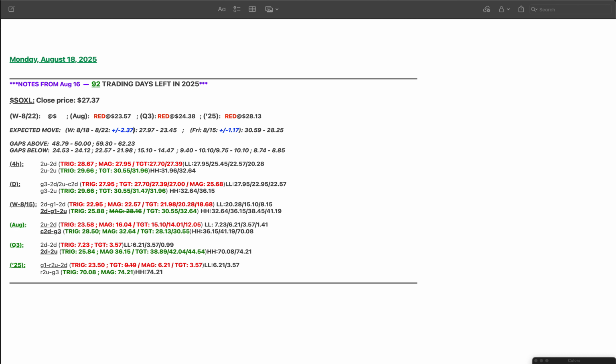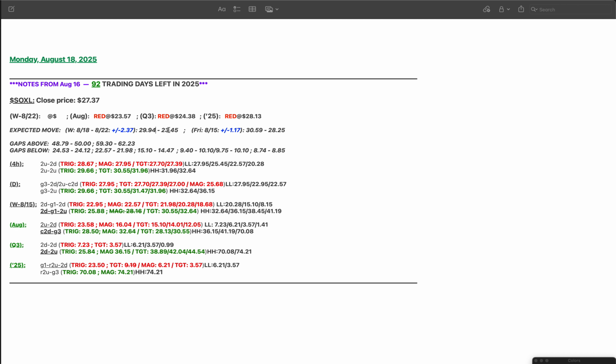$2.37. All right, so let's bring out the trusted calculator. That way we don't make any mistakes. And we have 27.37 plus $2.37, which gives us 29.74 as the high of the market maker's expected move. Now again, this is just the market maker's expected move. Price action can always go above it or below it.